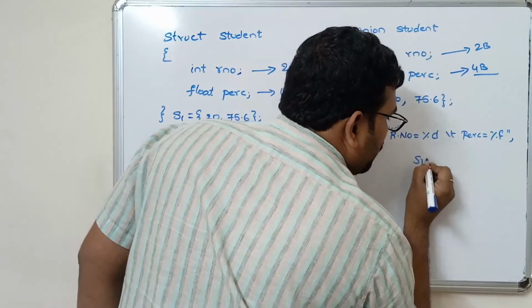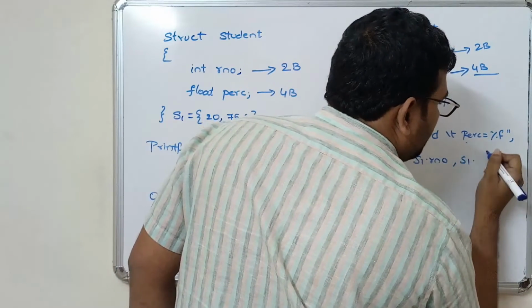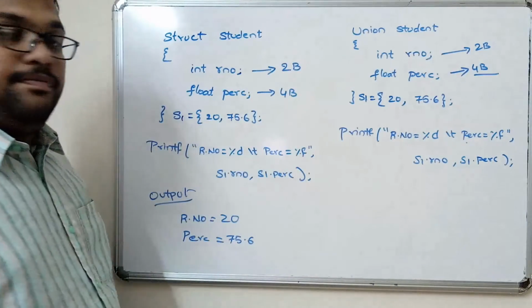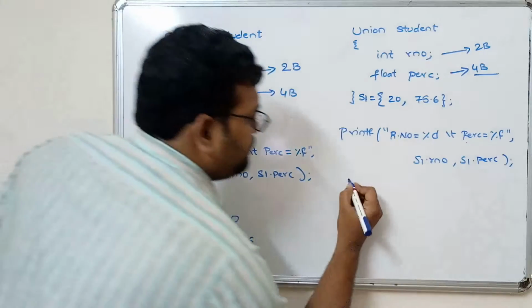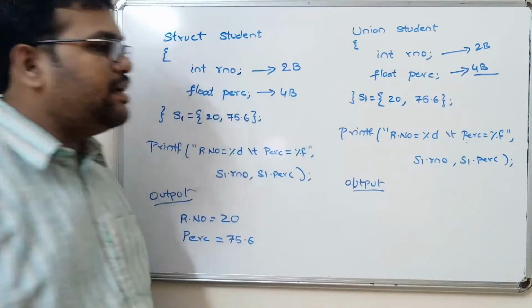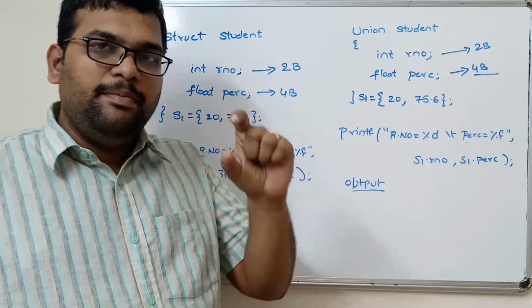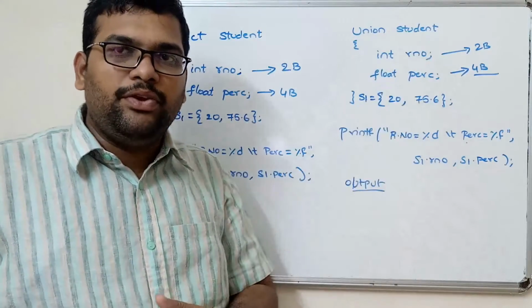For this S1 dot roll number, comma, for this S1 dot percentage. Right? So here, what is the output? As I have said, only one memory location will be considered, the highest memory location, and the same memory location will be shared among all the members of a union.